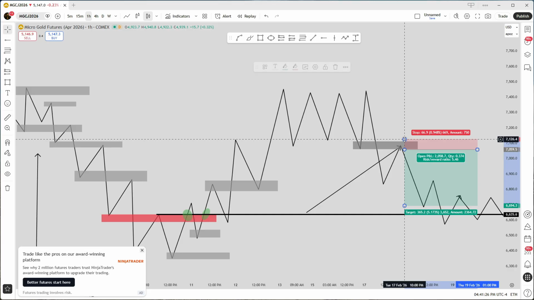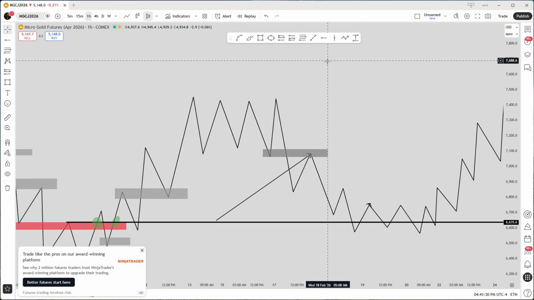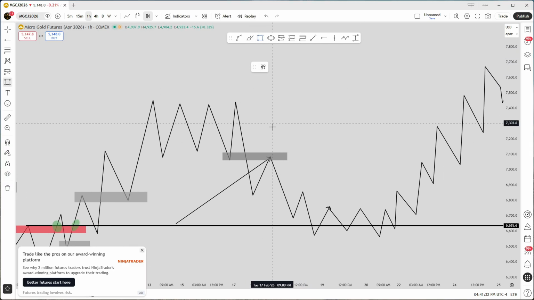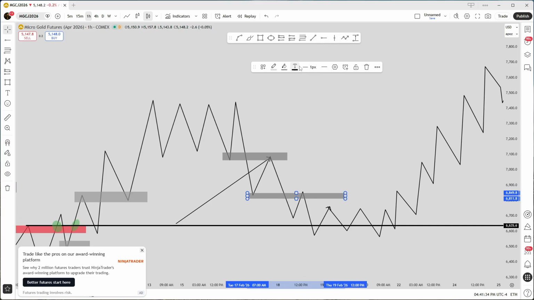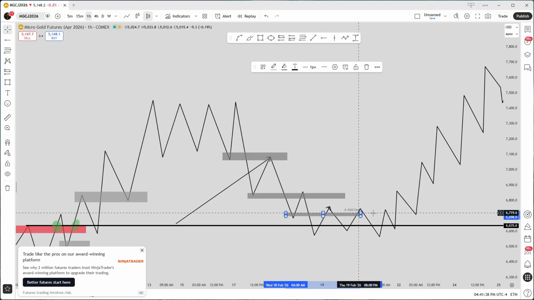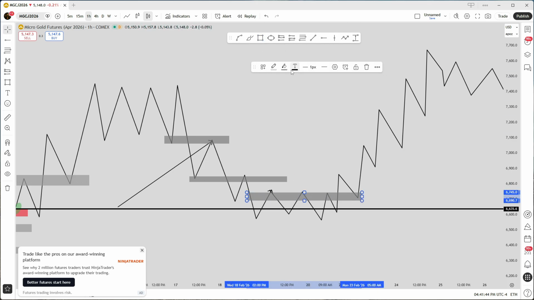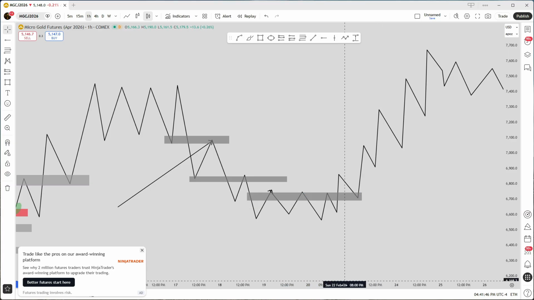Simple as that. Right? And then you just trade the trend once more, until you notice price is consolidating in this range again. We wouldn't trade that.